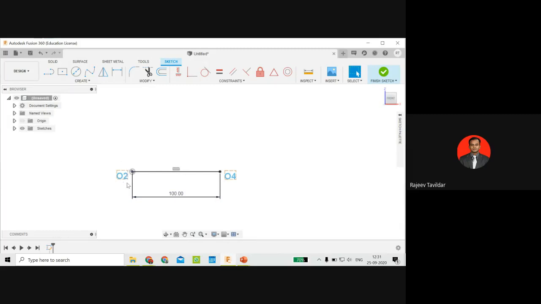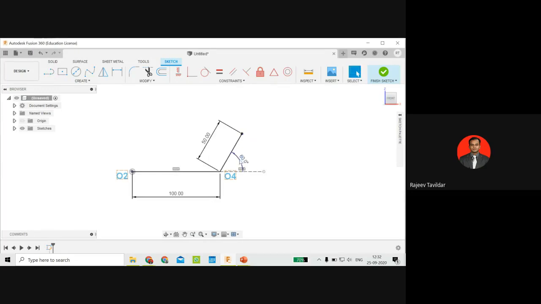The next step, I will draw O4B1. We know its length, which is assumed as 0.5 units. So from O4, I'm going to draw a line of 0.5 units at an angle of 60 degrees. This is my assumption.